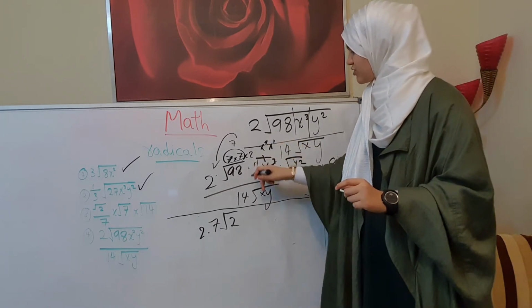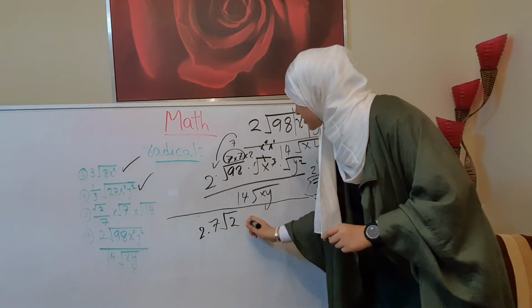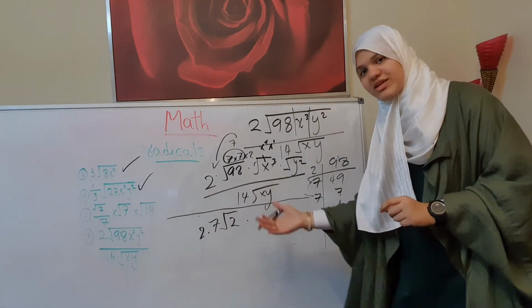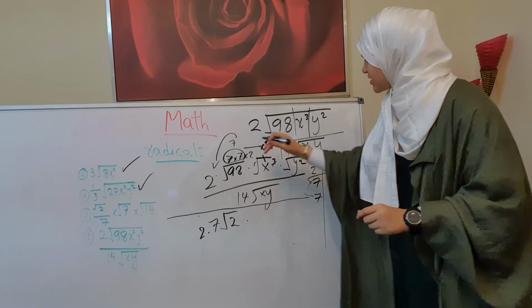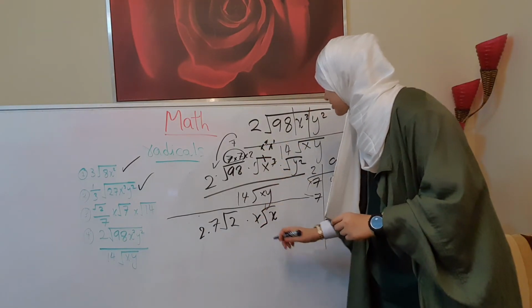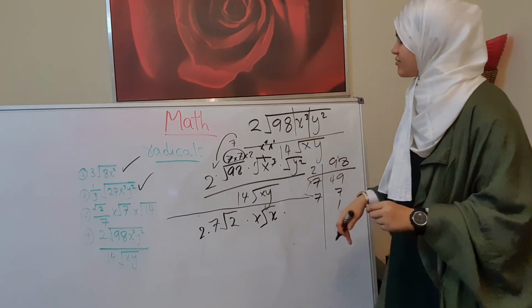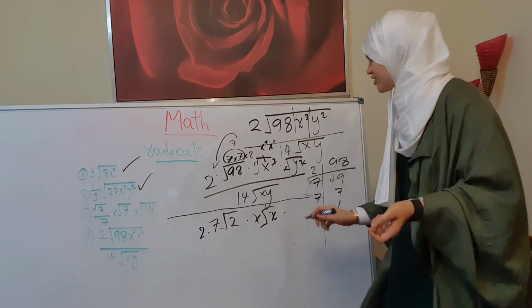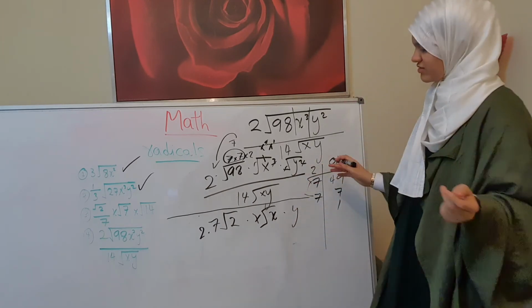Now we cancel 2 by 2, and it will be 2 times 7 times radical 2 times x times radical x. Again times y squared, that means 2 by 2 cancel, because it's a square root, so it will be times y only without any radical.